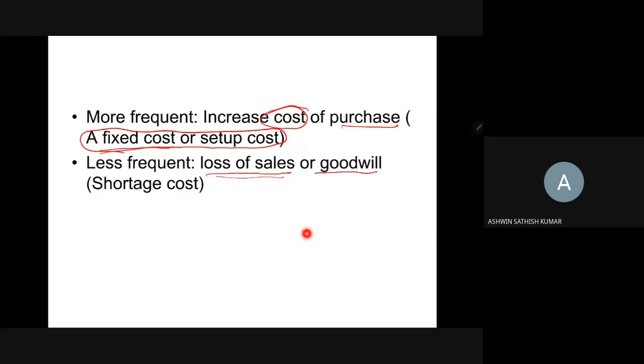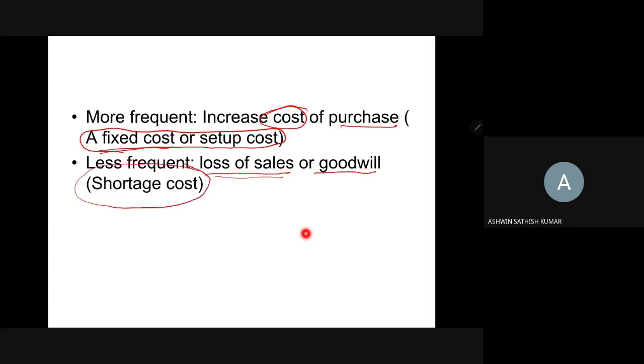That arises due to the shortage of the item. And whatever cost is involved due to the shortage is termed as the shortage cost, when we are not able to fulfill the generated demand.